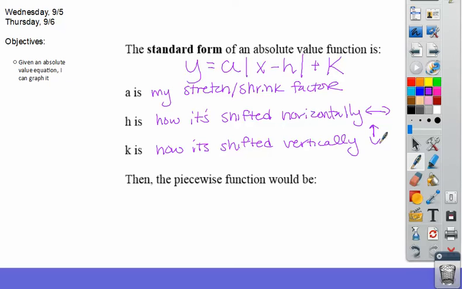Then the piecewise function, which really we've never dealt with absolute value as a piecewise function, but we're going to do it anyways, would look like this.